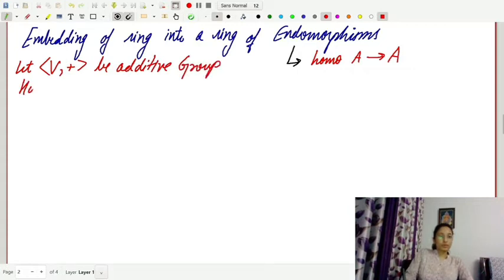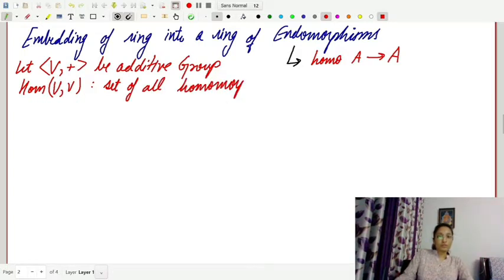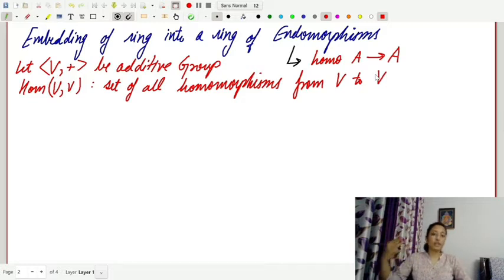We denote by Hom(V, V) the set of all homomorphisms from V to V, basically the set of all the endomorphisms of V.